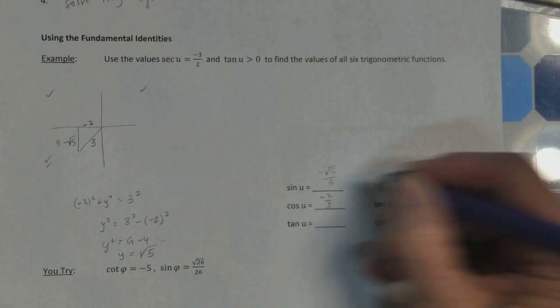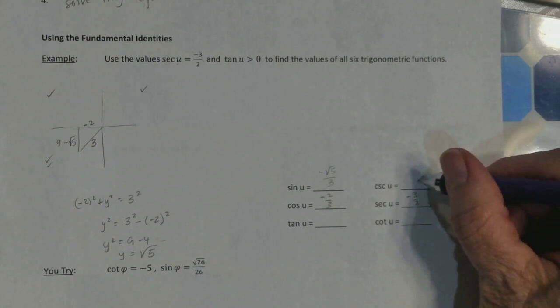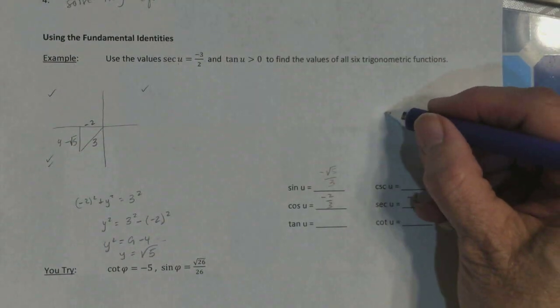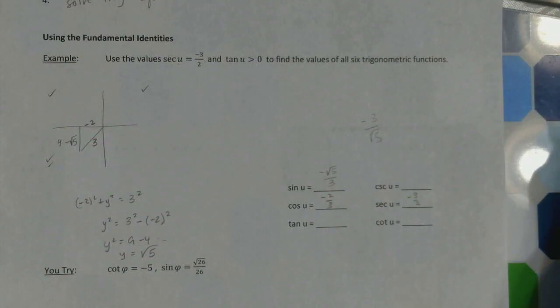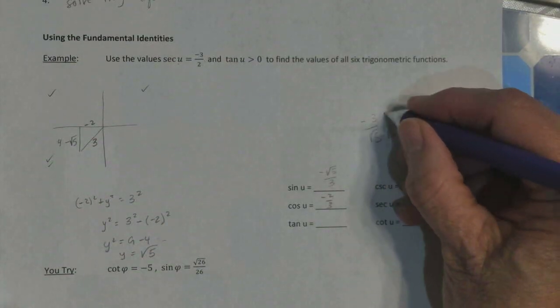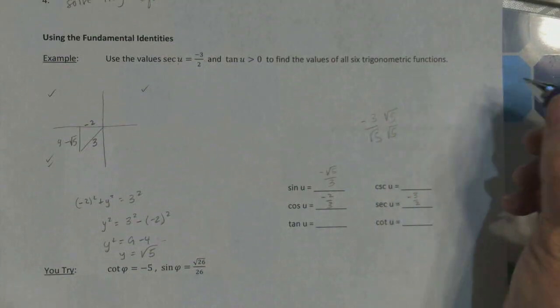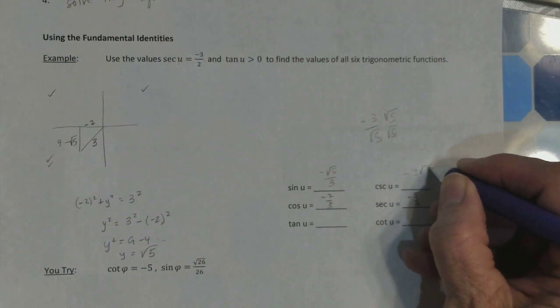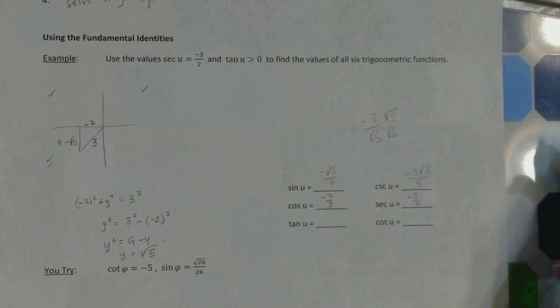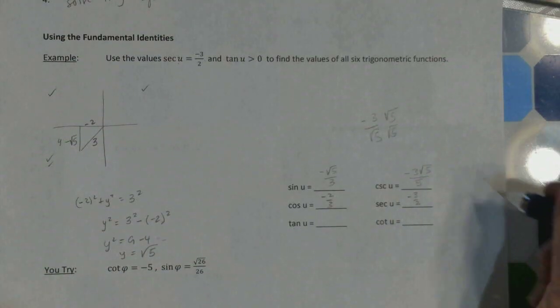So we have negative square root 5 over the hypotenuse for sine. Cosecant is going to be -3 over the square root of 5, but that has to be rationalized. So we are going to multiply by square root of 5 over square root of 5. This is going to give me -3 square roots of 5 over 5.